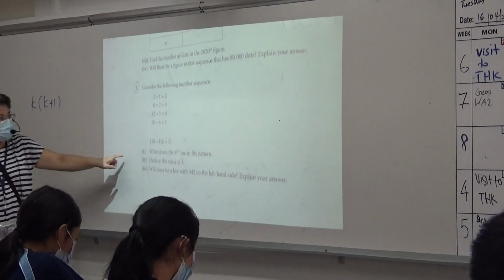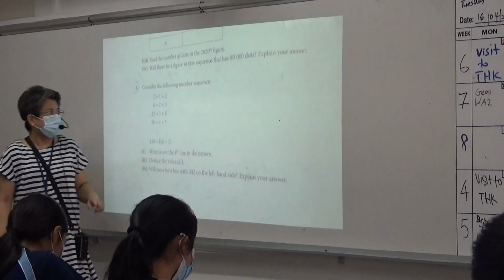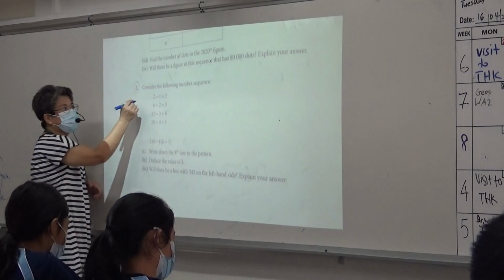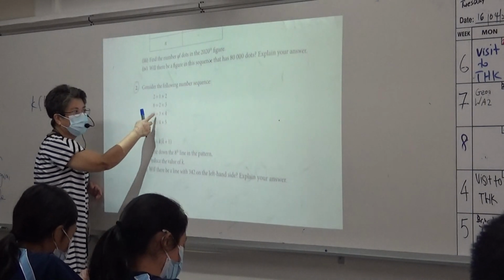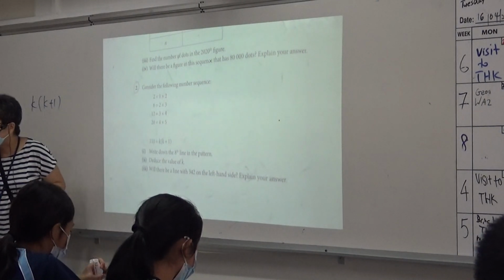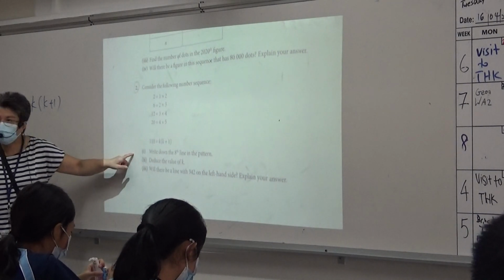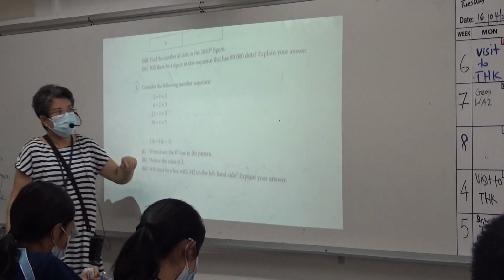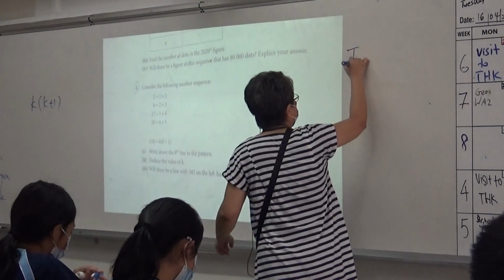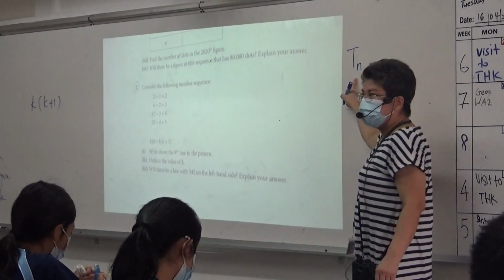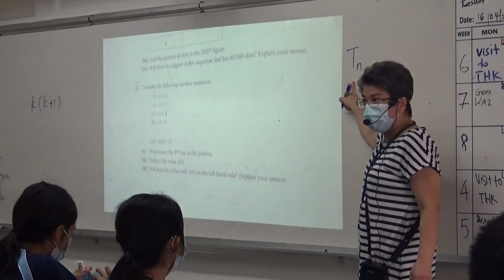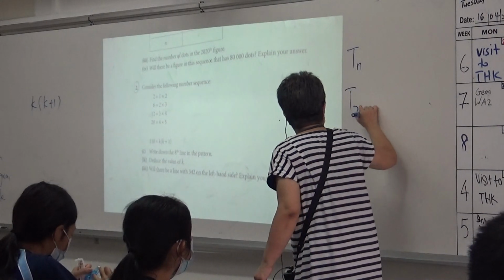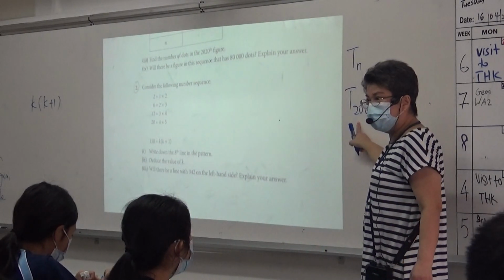Okay, now, write down the 8th line in the pattern. Now, I just want to tell you, this is called line 1, line 2, line 3, line 4. Understand? They want which line? 8th line. And I need to warn the class. Tn, this is a subscript at the bottom. T200, this is a subscript at the bottom.